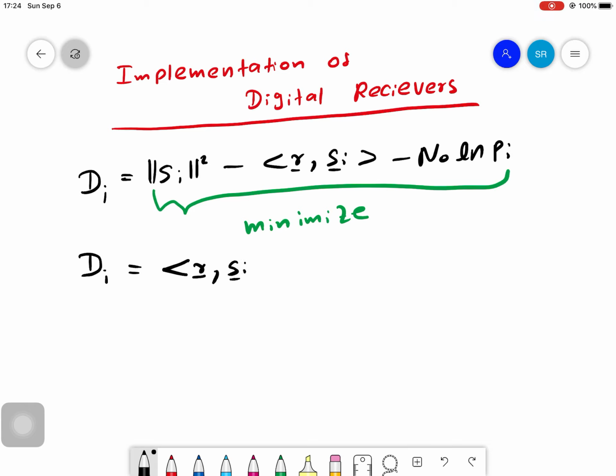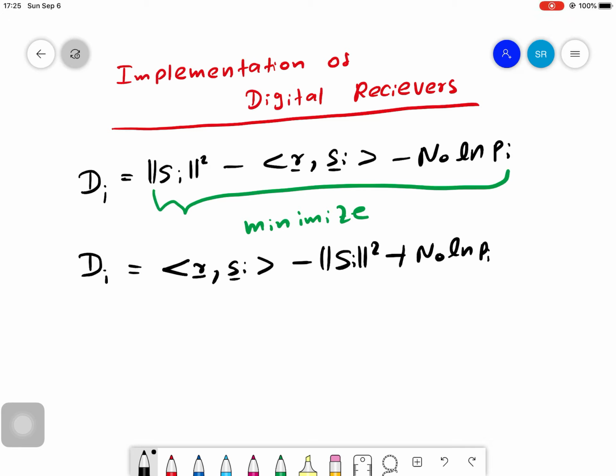I get r times s_i minus the norm of s_i squared plus N naught ln P_i. So this is my new decision variable.